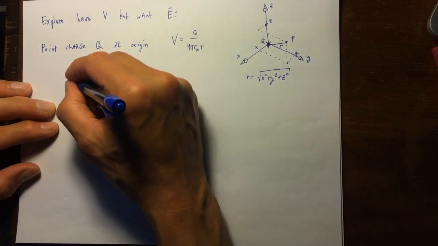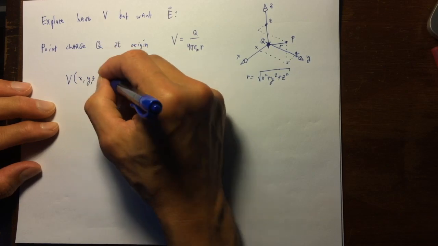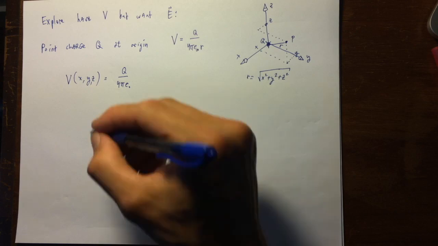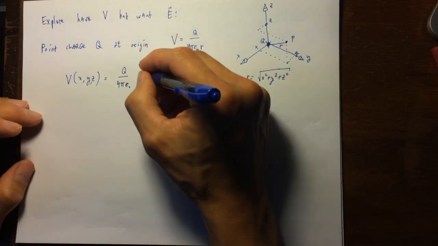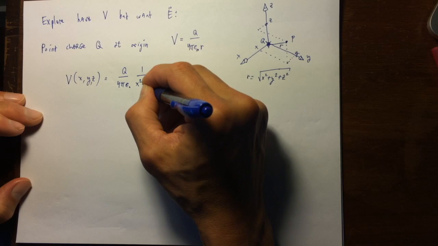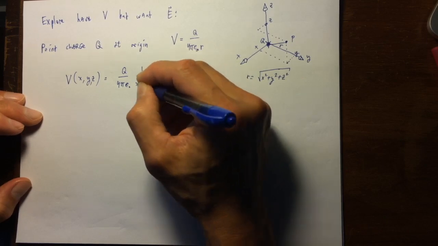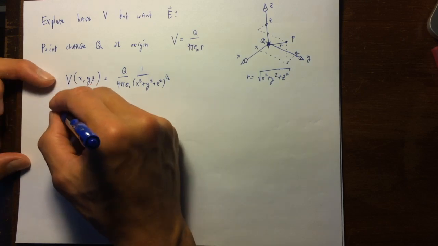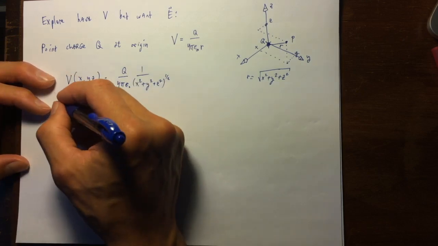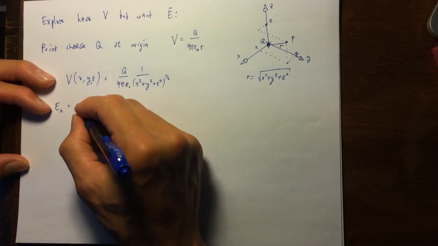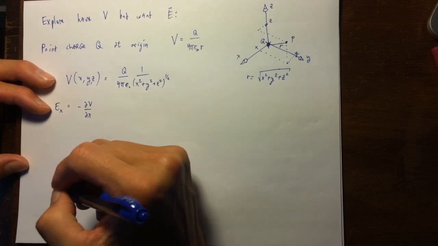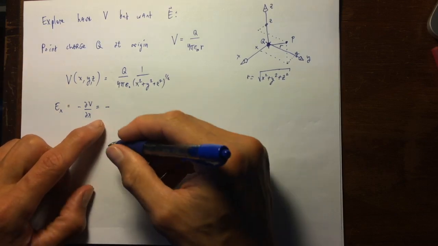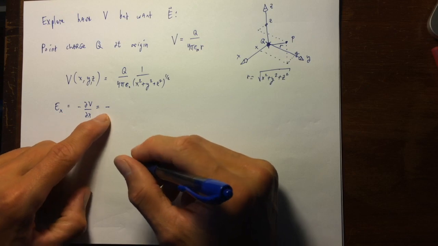So I have a potential as a function of x, y, z that's equal to Q over 4 pi epsilon naught, and then 1 over x squared plus y squared plus z squared raised to the 1/2. So if I want to know what is the electric field in the x direction, right, it's equal to minus dV by dx. So this is equal to, here's a minus sign, and then I just got to take dV by dx.